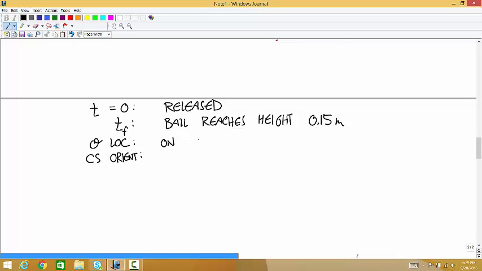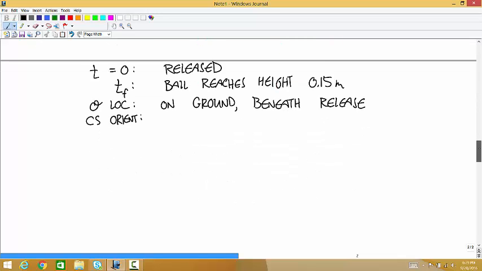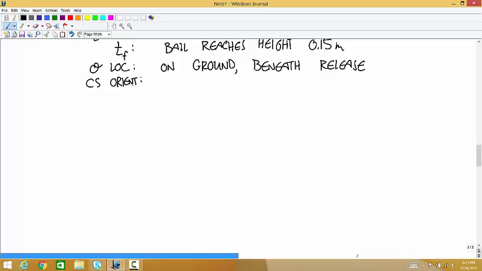So the origin is on the ground beneath the release point, and the coordinate system orientation has the y-axis up and the x-axis horizontal in the direction of motion.